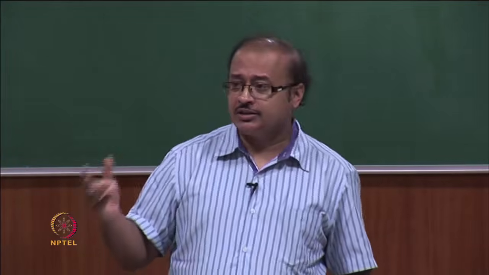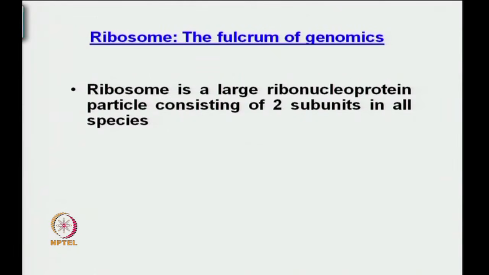So, let us look at a schematic of the structure of the ribosome without going into too much detail. The ribosome is a large ribonucleoprotein particle consisting of two subunits in all species, whether it is bacteria or eukaryotes.